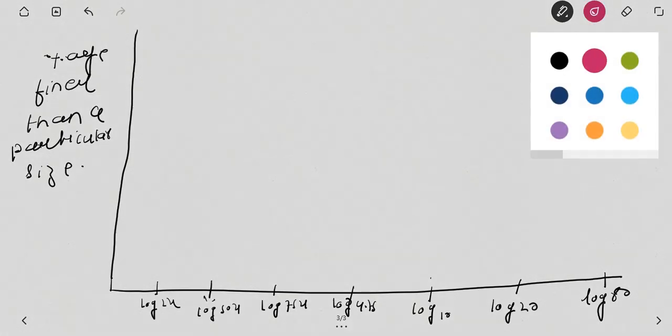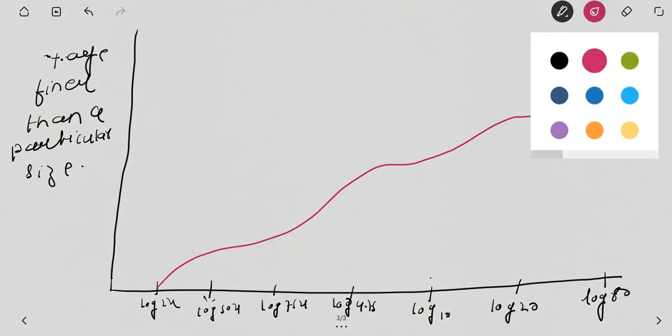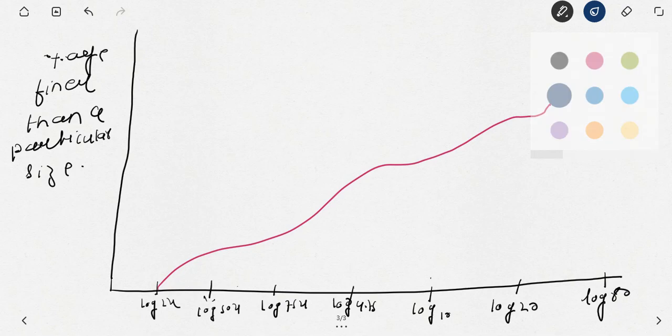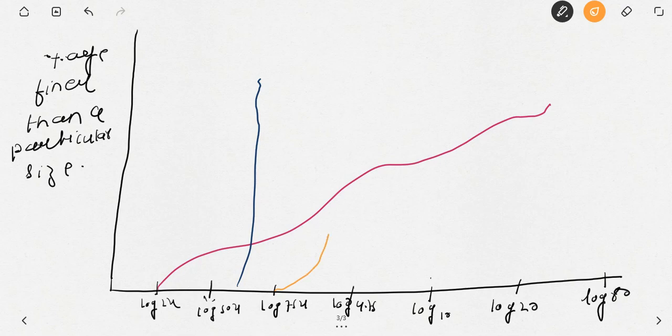So let there be a curve which goes like this. Let there be another curve which is straight. Let there be another curve in this fashion.